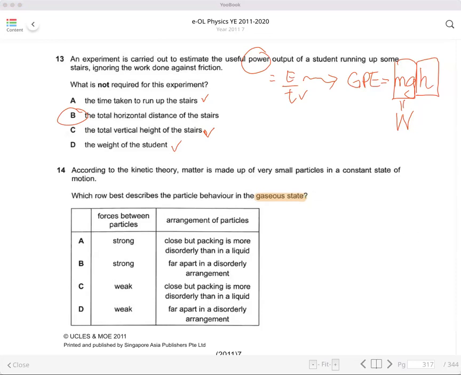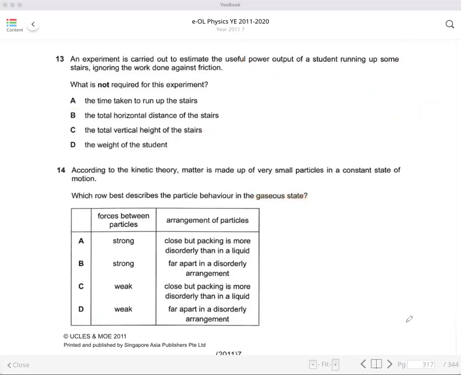Who's the last student? The last student is who? Okay, Xiao Xing, well done. Okay, so the answer for this would be D. I don't think I need to explain this. Let's move on.